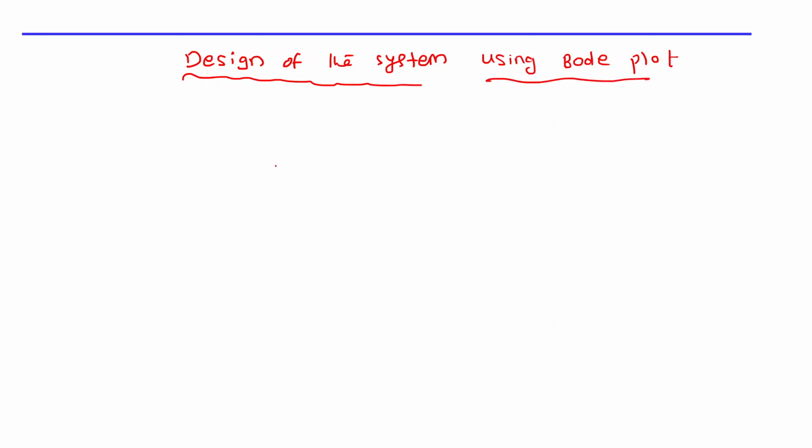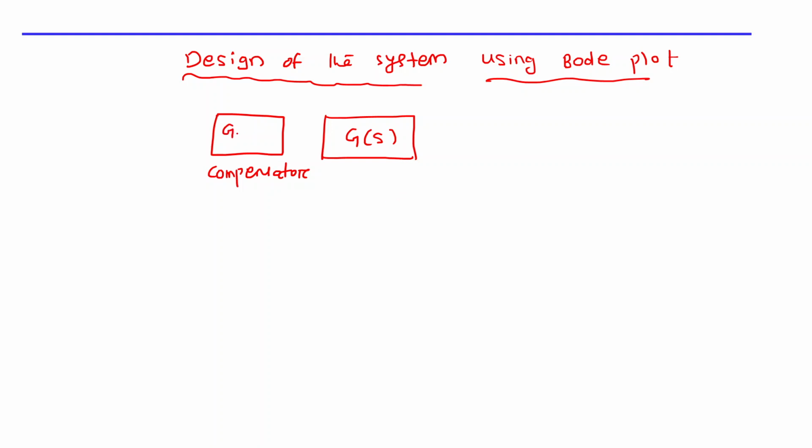System design means suppose you have a system like a plant, you have a G(s) whose transfer function is given. Now I need to add a compensator. I have to design this compensator so as to meet the time response specification or the stability of the system. Let's say this compensator gain is Gc(s).